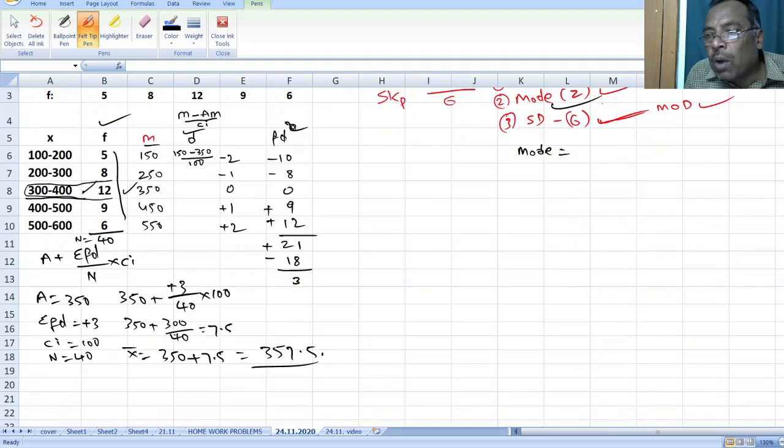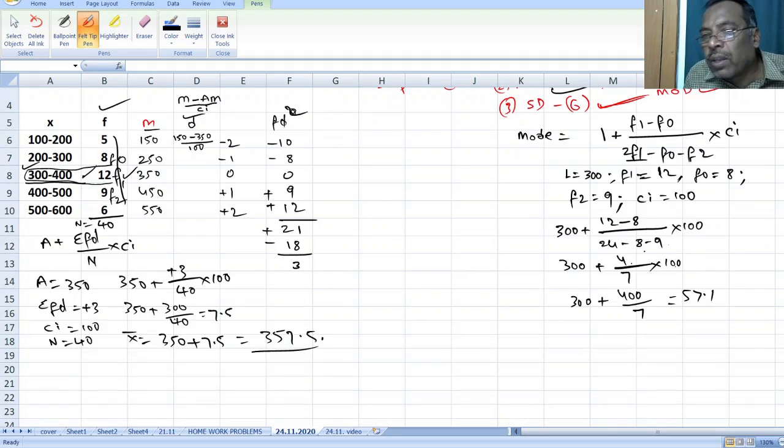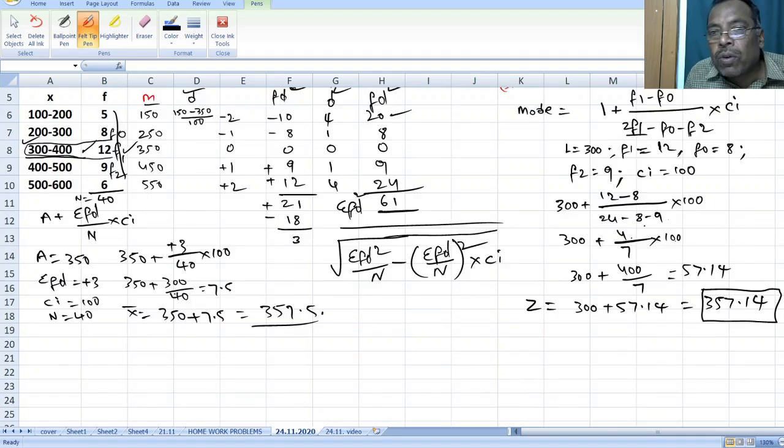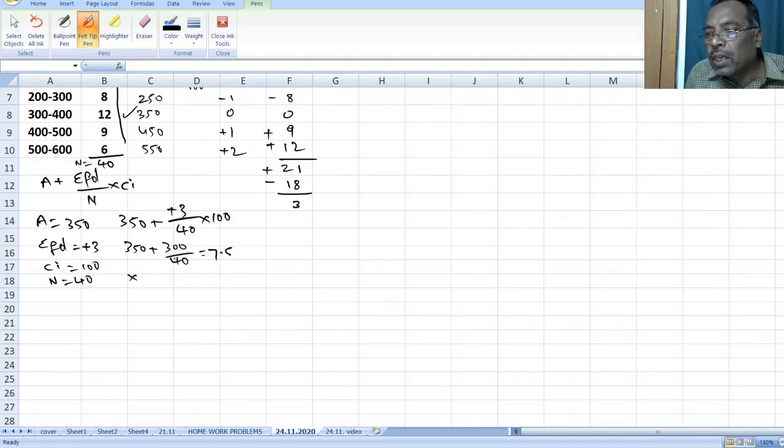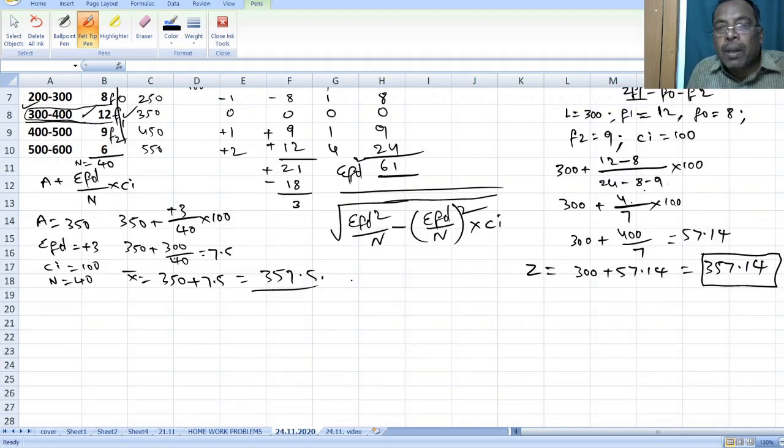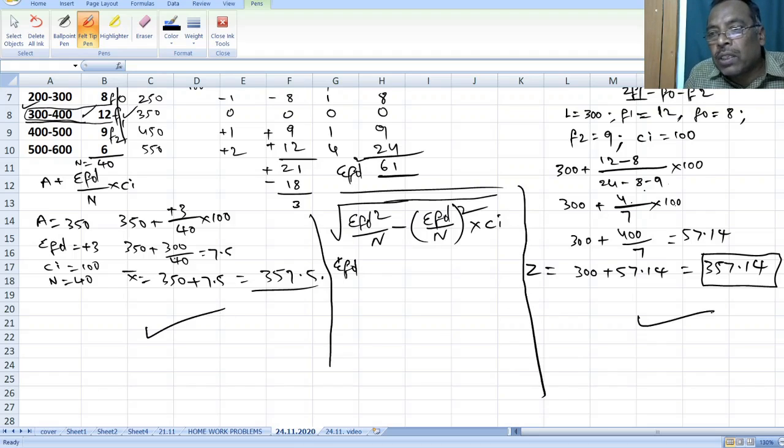Now let us find the values. You have all those values. This is the arithmetic value, this is the mode value. Summation FD square is equal to 61.